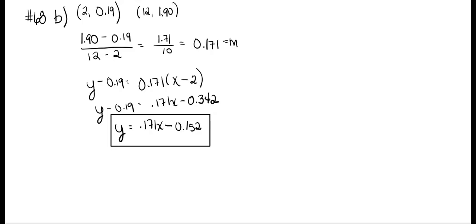That's part B. Part C says use this to evaluate if it stayed constant, if it stayed the same. Use it to evaluate what your stocks would be worth in 2006. So from 2002 to 2006 or 2012 to 2006, it doesn't matter which point you use. Actually, you don't need to use a point. You've already got the equation.